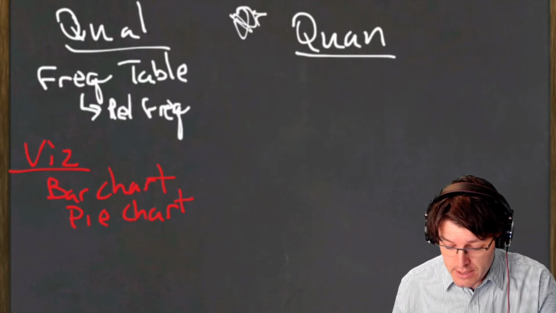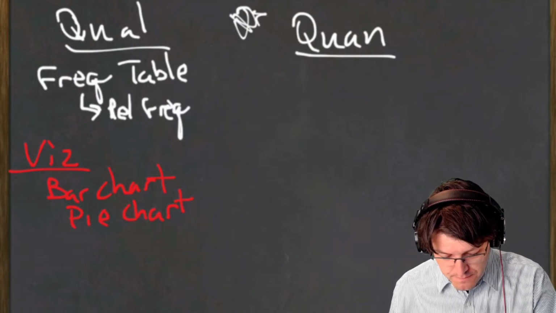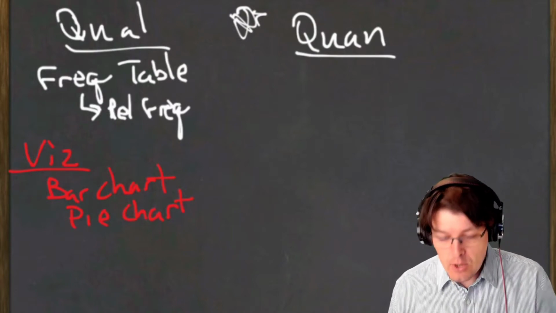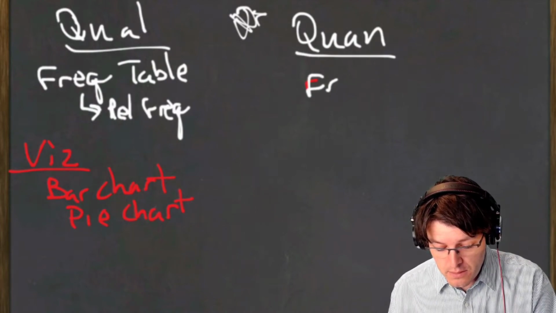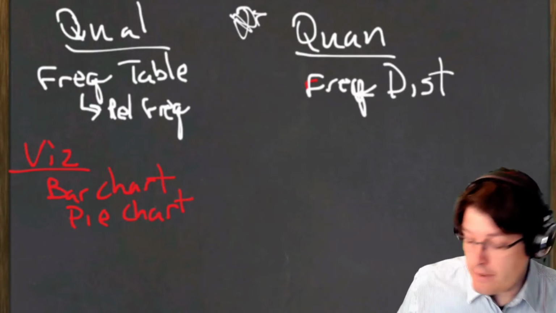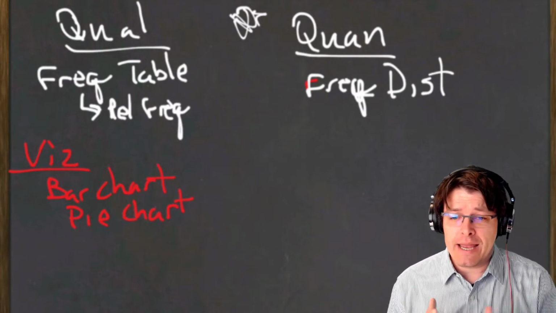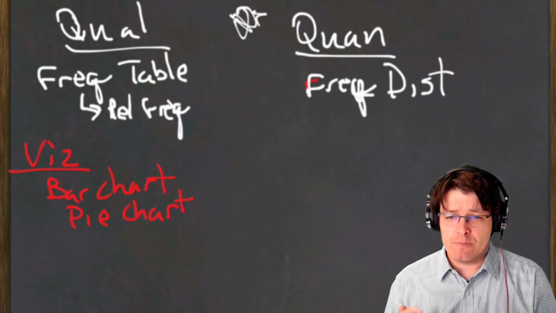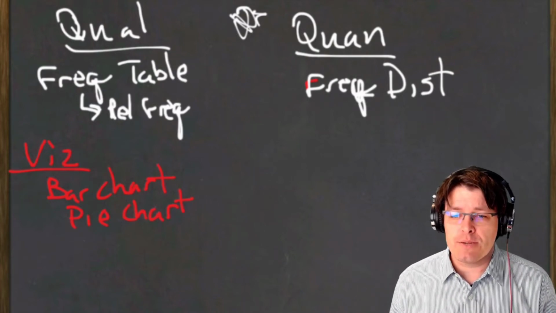We're going to call it a frequency distribution. My penmanship is lacking, but frequency distribution and frequency tables are very similar, and you should at times be a little confused about which one we're dealing with because they are so similar.